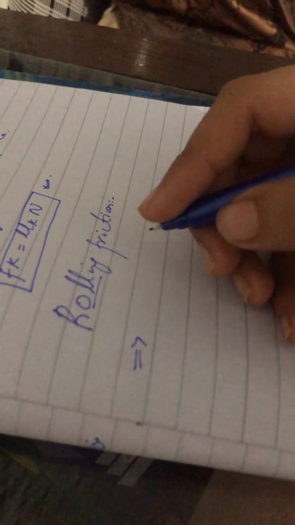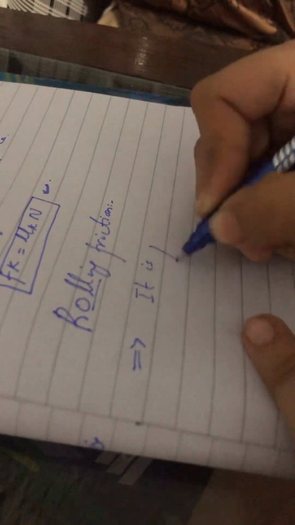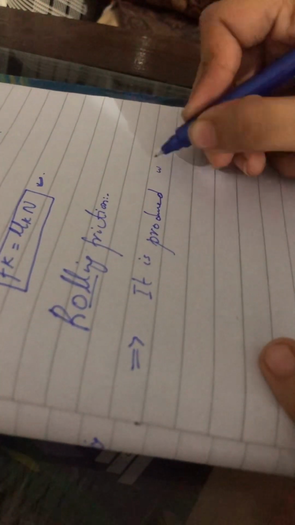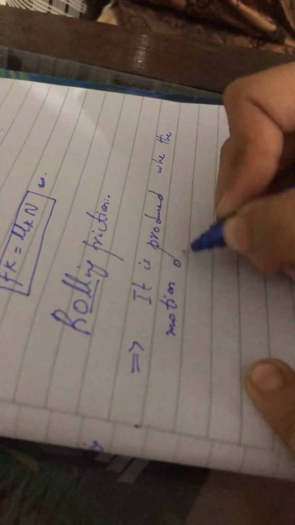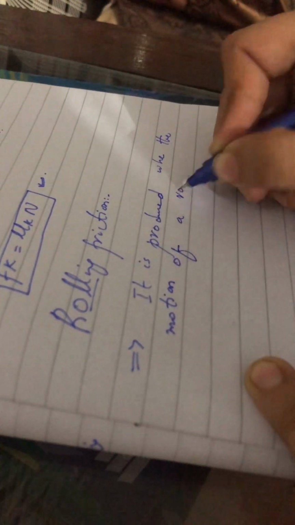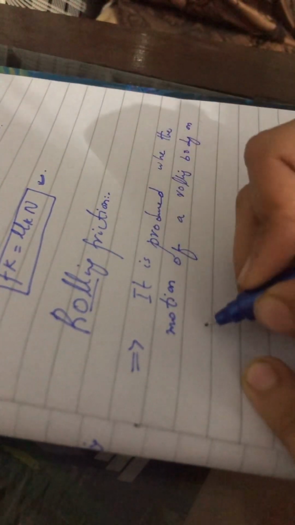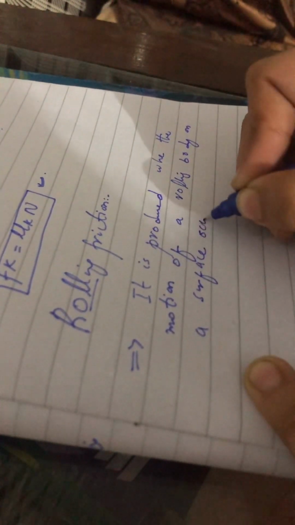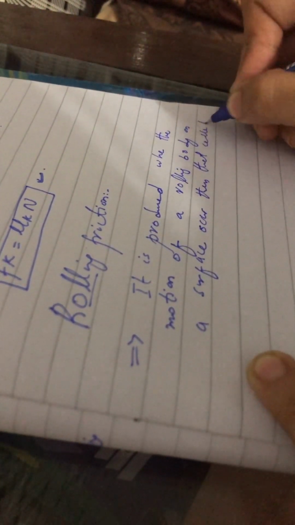We can say it is produced when the motion of a rolling body on a surface occurs, then that is called rolling friction.